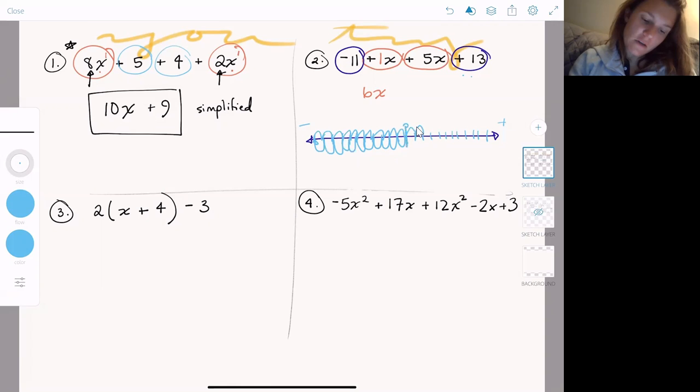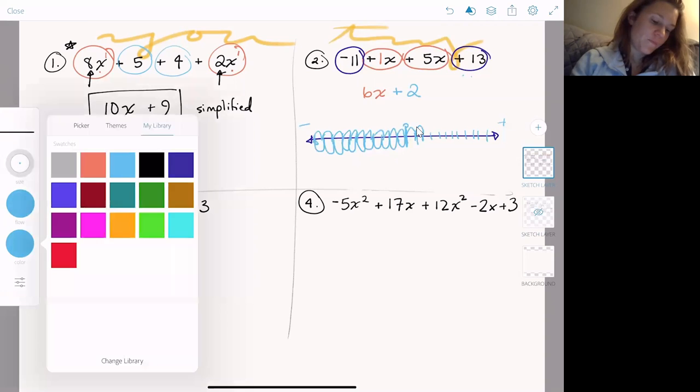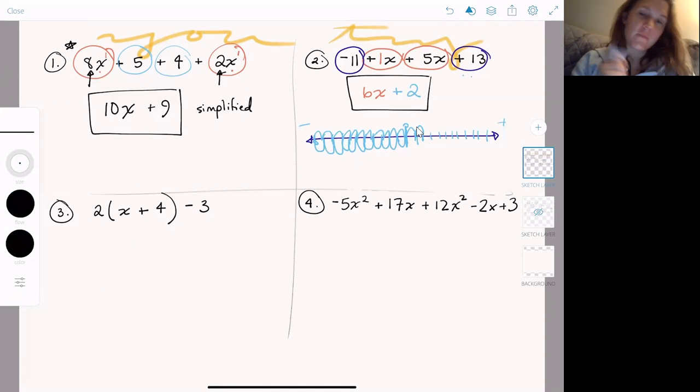So if here's my 0, I went 1, 2 in the positive, so I've got plus 2. And that's my answer.